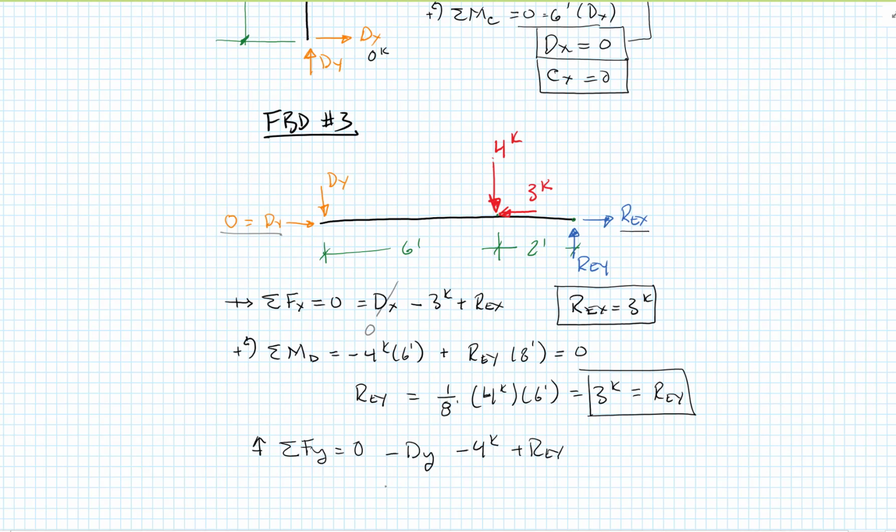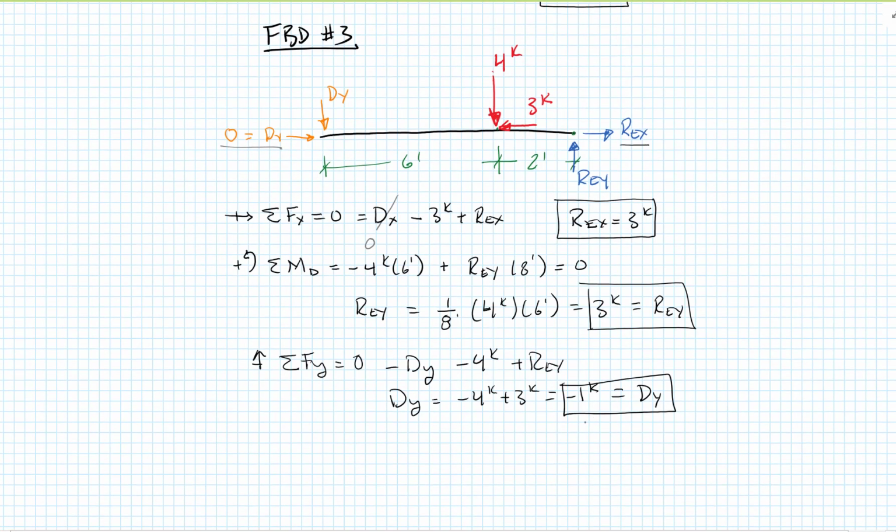So solving that for Dy, I get Dy equals minus 4 kips plus 3 kips is equal to minus 1 kip equals Dy. What this tells me is that because it's a negative sign here, Dy is negative, that tells me that it's actually Dy is going up. Okay, 1 kip. So I had made a bad assumption, but I caught it in the negative.